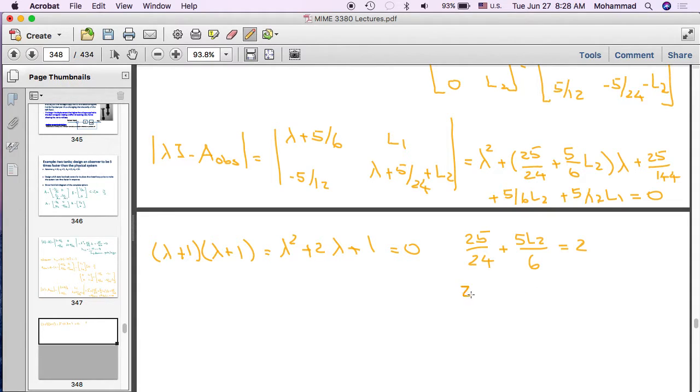That gives you 25 plus 20 times L2 is equal to 48. So L2 is 23 over 20. So that's L2.